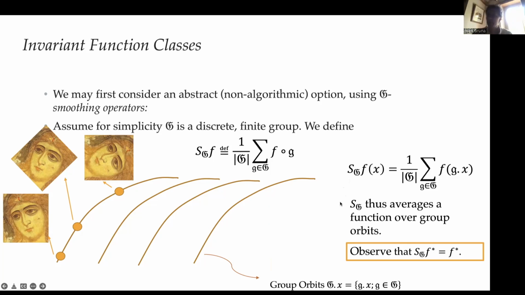The other property is that when my function f star is already invariant, then when I apply the smoothing, nothing changes. If a function is already constant along these orbits, applying the average at every point doesn't change it. I hope this clarifies the definition and the concept of the group smoothing operator.